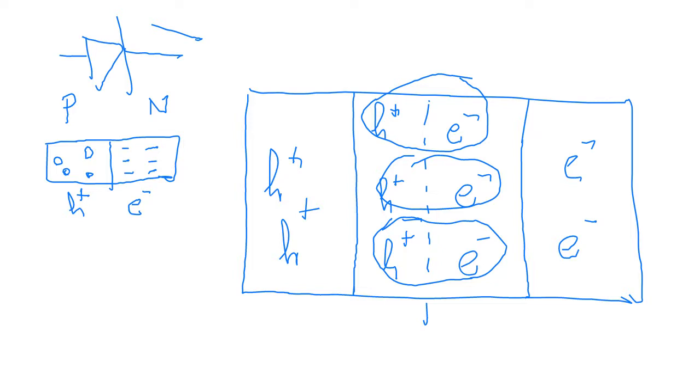Here you have a different voltage, so you create what is called the built-in voltage, which is related to the difference in doping of the system and so on.